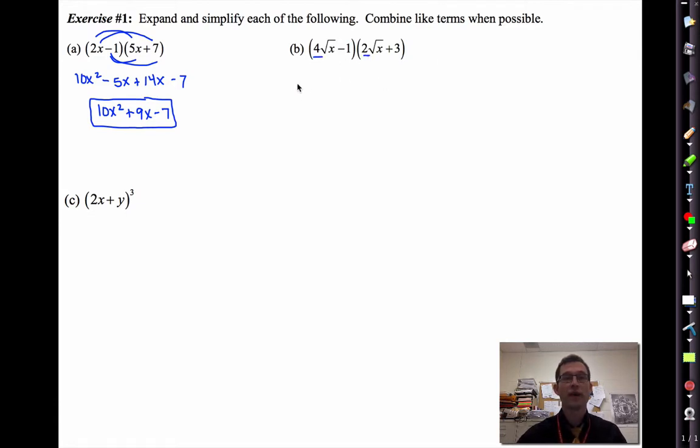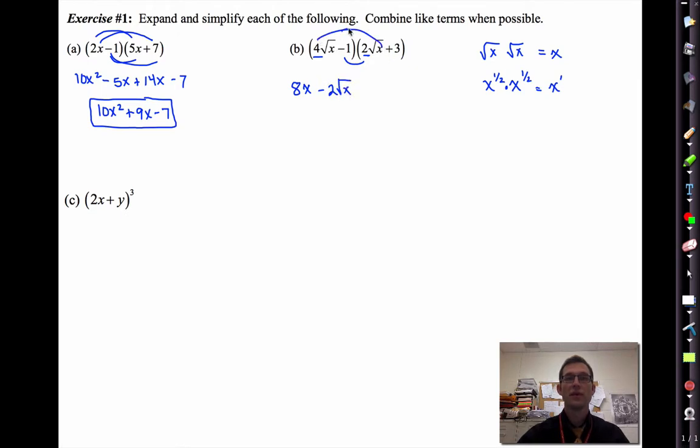Now, letter B is very, very similar, with one big difference, right? Of course, we have 4 times 2, which is going to give us 8, but then it's important to note that root x times root x is equal to x, either because you know that squaring is the inverse of square roots, or because you apply an exponent property that says that when we multiply two things with the same base, we simply add their exponents. So we're going to get 8 times x, then we're going to have these two multiplying each other, negative 2 root x.